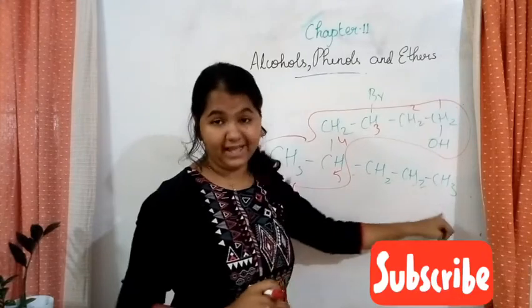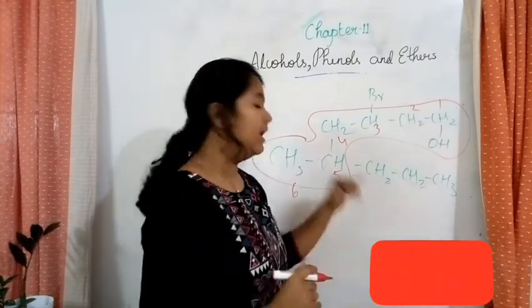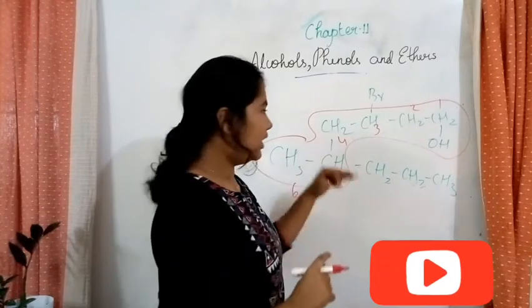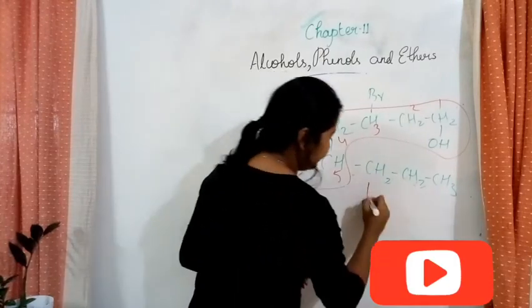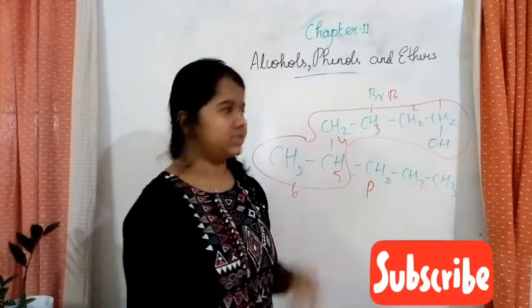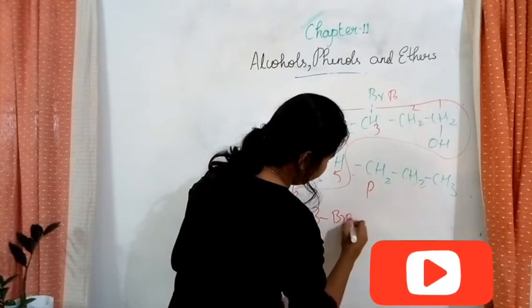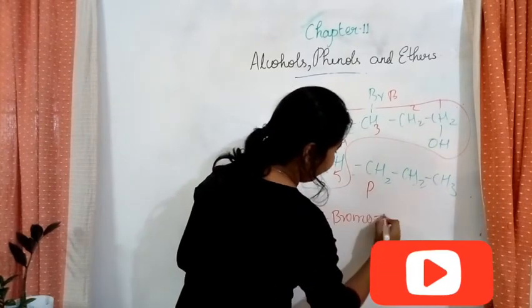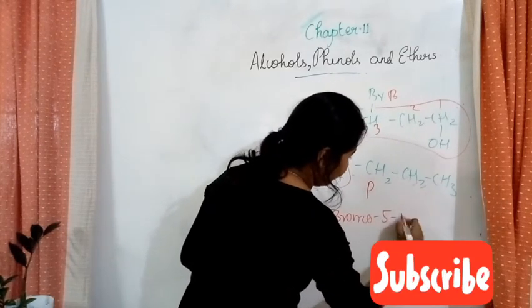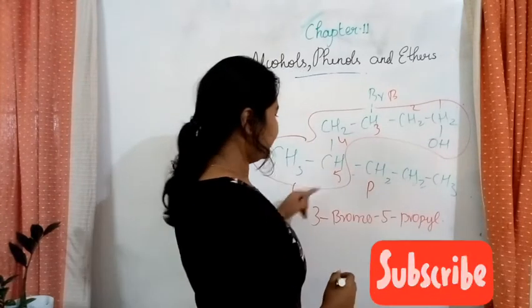On the fifth position, what is this? This is propyl. Okay, it's an alkyl group with 3 carbons. So this is methane, ethane, and propane. So let's write this. This starts with P. This starts with B. So which one would we write first? Obviously bromo. So this is 3-bromo, 5-propyl. Then what is our parent chain?